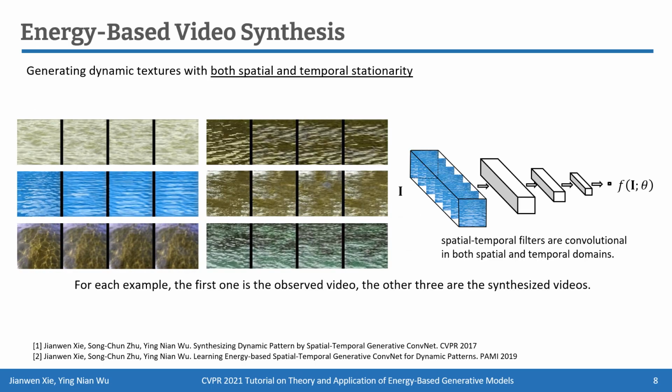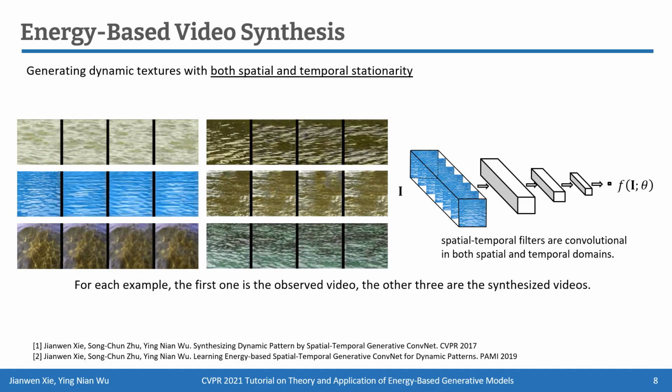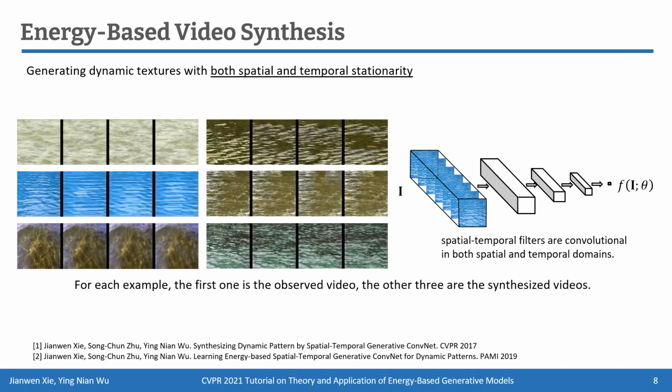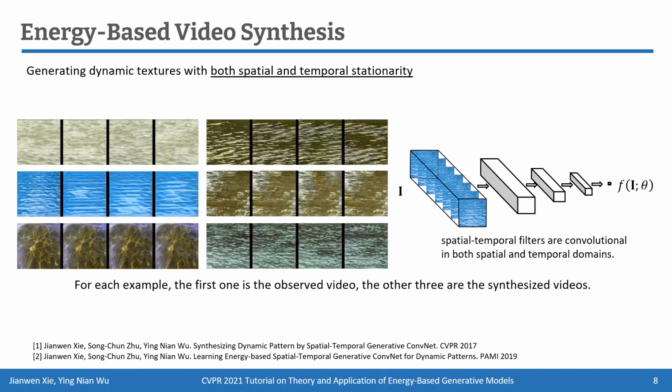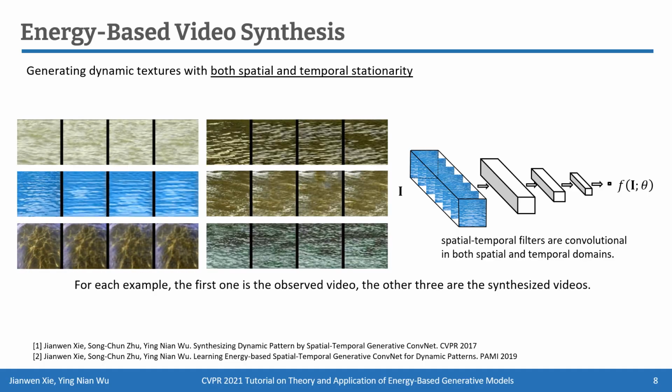Dynamic textures or texture motions exhibit statistical stationarity or stochastic repetitiveness in the temporal dimension. Examples of dynamic textures include flowing water. Spatial-temporal filters that are convolutional in both spatial and temporal domains can be used to design the energy function f.